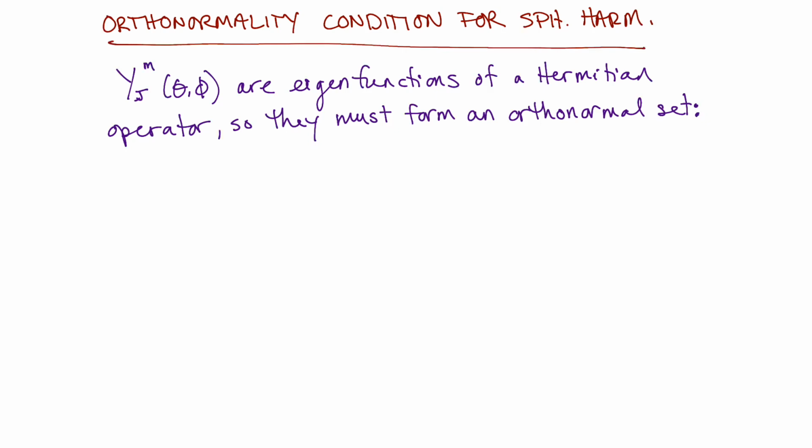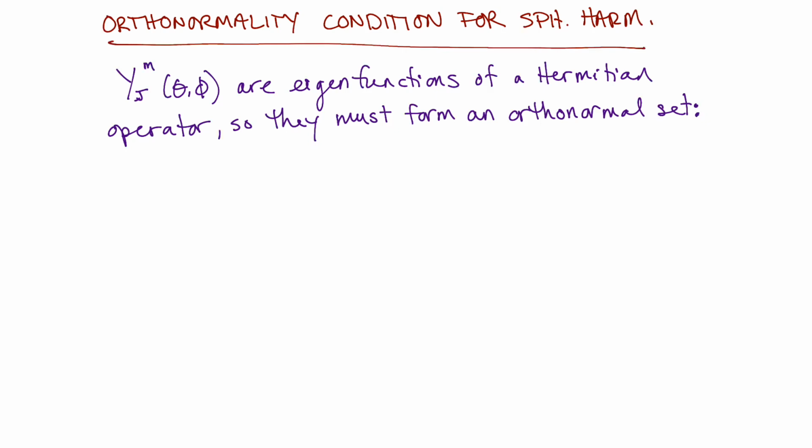So remember that our spherical harmonics are eigenfunctions of a Hermitian operator. Remember, we basically obtained them through our Schrodinger equation with our Hamiltonian. So because of that, we know they must form an orthonormal set.